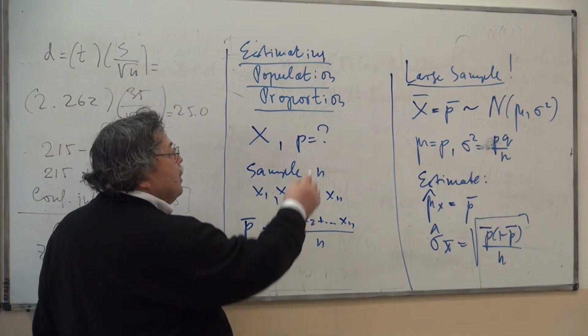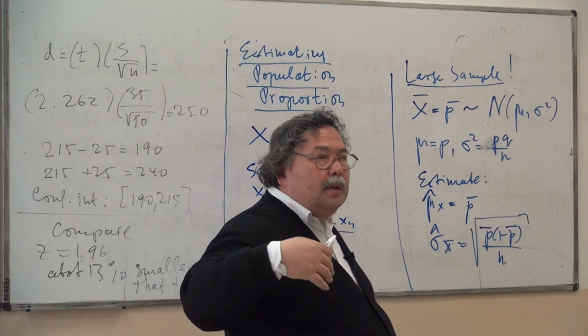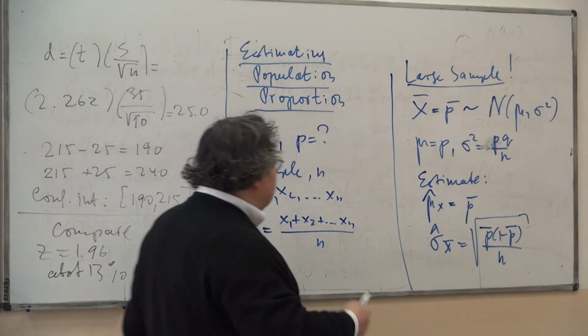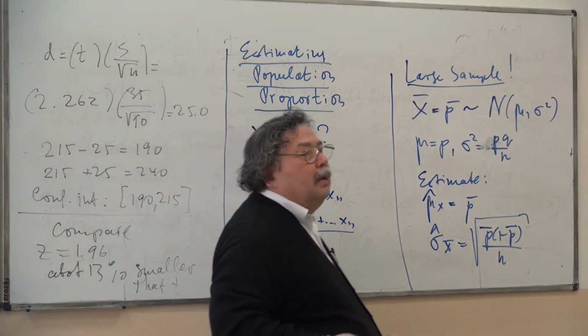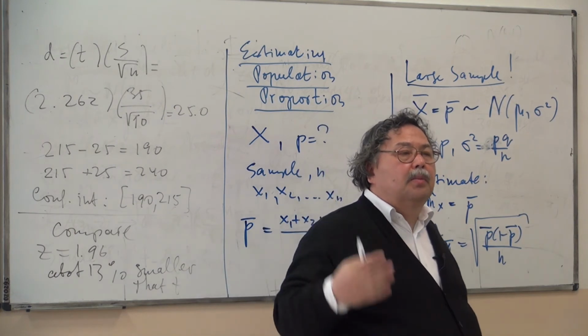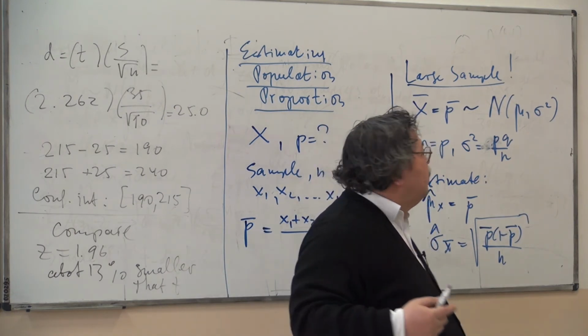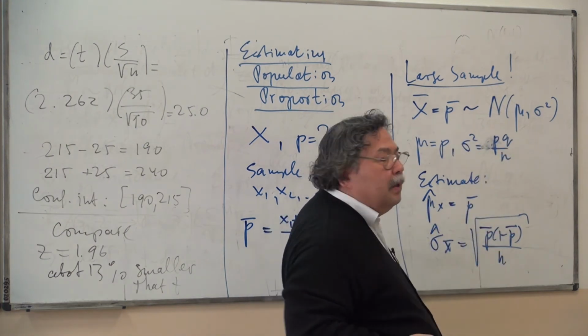P bar, which is the same as x bar, the sample mean, which here is also called sample proportion, can be written as the sum of x's divided by n. X bar, due to the central limit theorem, follows, at least approximately, the normal distribution with mu and sigma, where mu and sigma are written in this way.